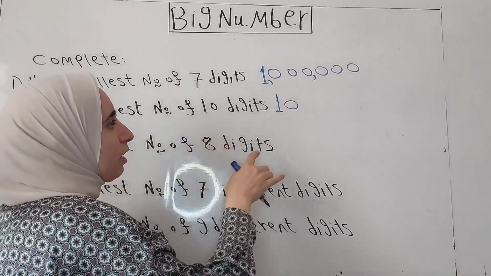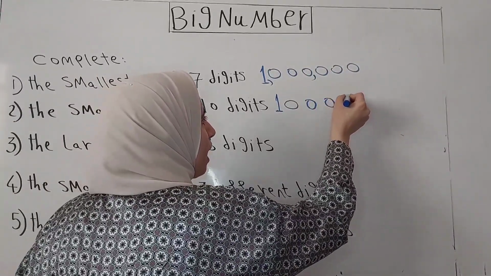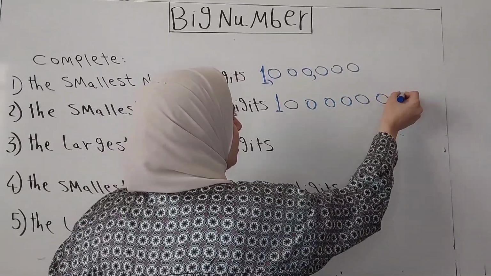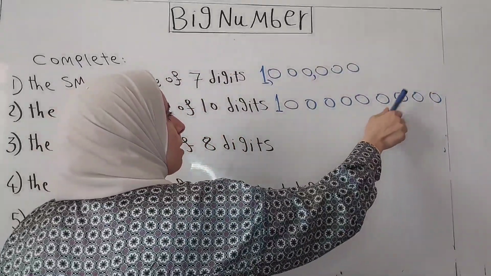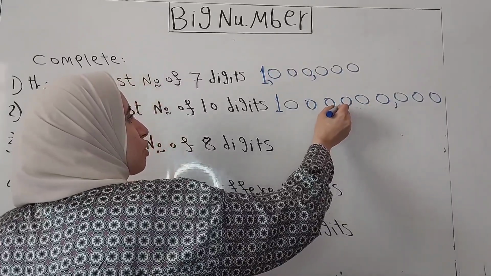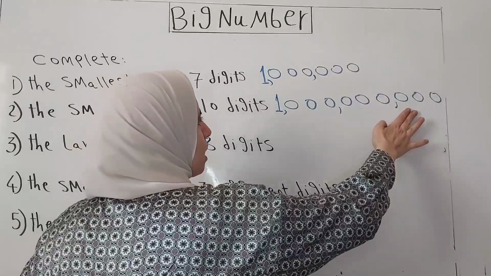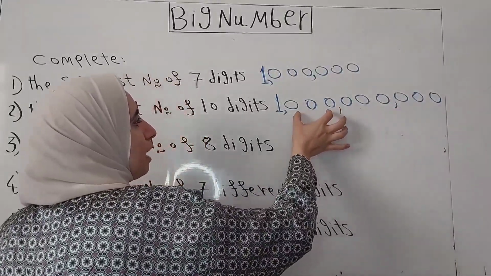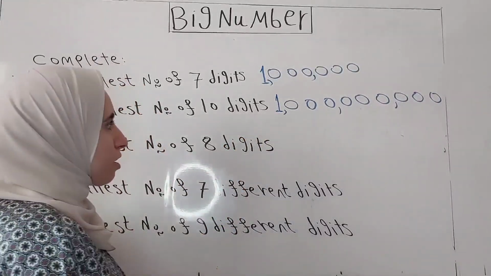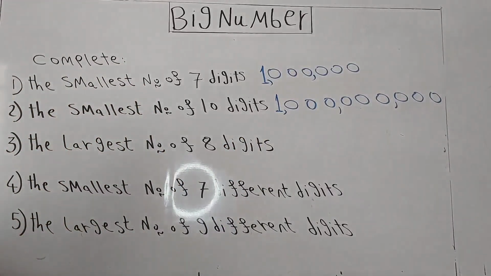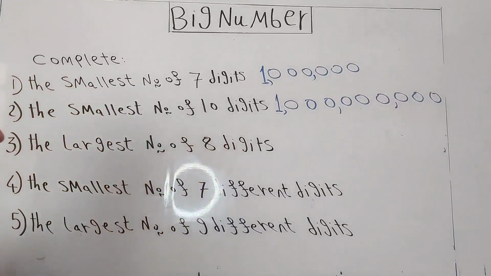Count with me to reach 10: 1, 2, 3, 4, 5, 6, 7, 8, 9, 10. Finally, we use commas to separate each 3-digit period from the right going to the left. The first is ones, second thousand, then millions, and billions. So this number is 1 billion, the smallest number that consists of 10 digits.